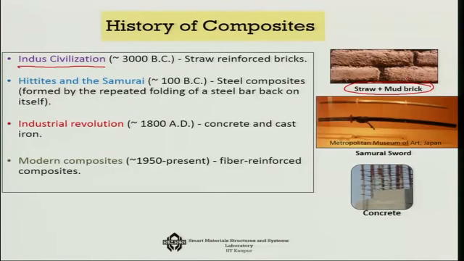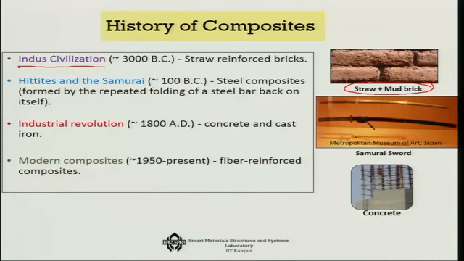And the secret behind this strength is that the straw as a reinforcement works beautifully. It adds strength and it adds other properties like thermal insulation, moisture prevention, etc. to the brick system, and hence this is one of the best examples of the composites that was developed in the very beginning of the civilization.